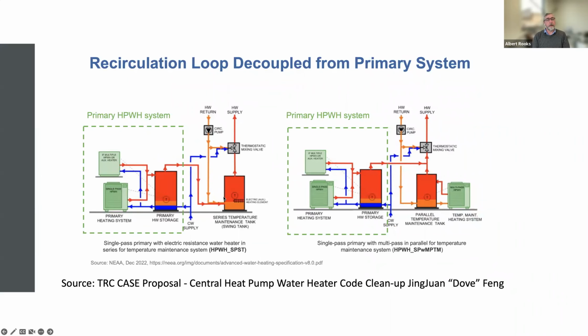Okay, so back to that slide that we looked at before: recirculation loop decoupled from primary storage. That is so that we keep a constant condition in the primary storage where we have good solid stratification, and that stratification doesn't get disrupted by recirculation activity.